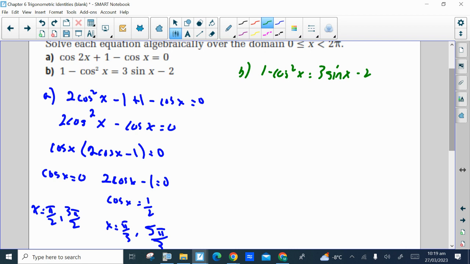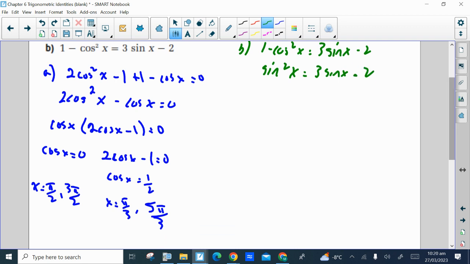Right. That's what we would use. That 1 minus cos squared x is sine squared x. Now we have only one trig function here. The only trig function we have is sine x. So we would solve this by moving everything to the left, make it equal to 0. So that means you're going to subtract the 3 sine x from both sides, add the 2 to both sides.